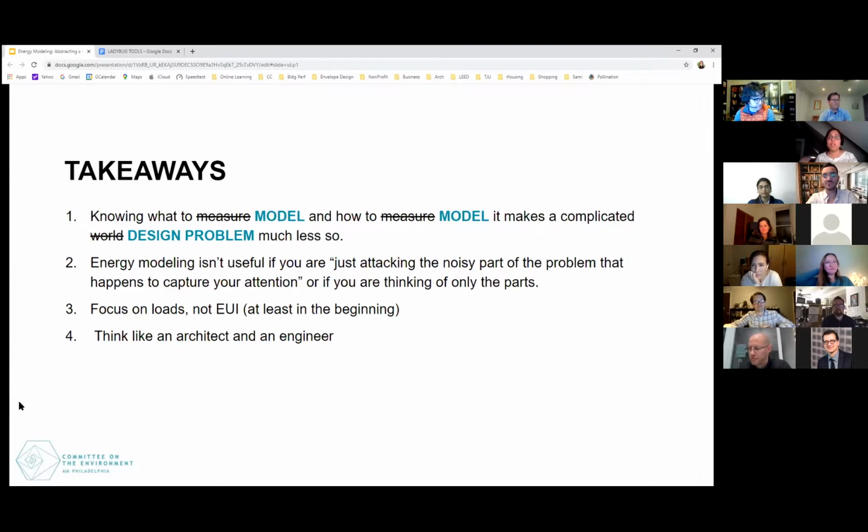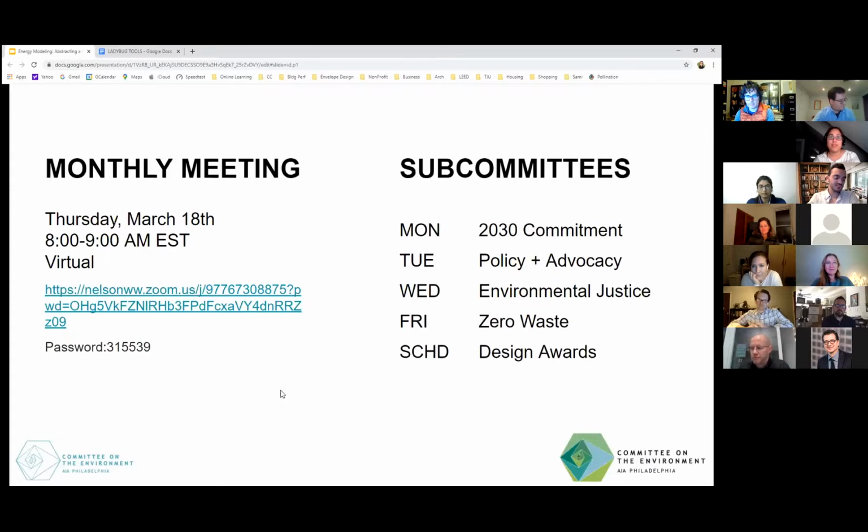But when we're thinking about it in the design process, we have to move away from EUI. And then we have to think like an architect and an engineer. And the series that we're going to do at the end of this year is going to be about this larger topic. So I'm going to leave it at that.